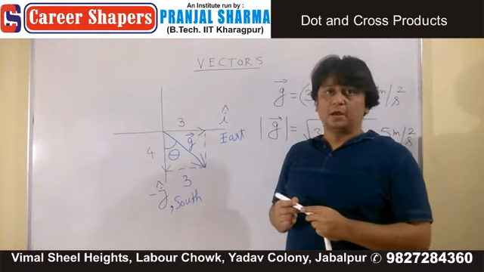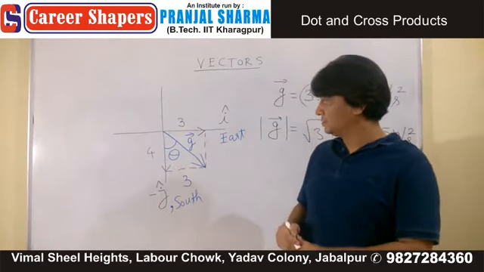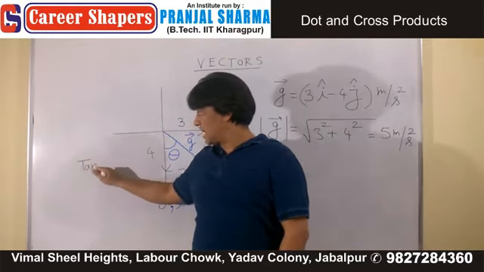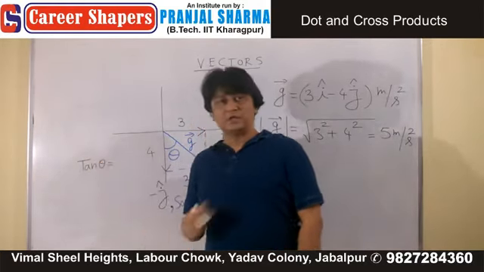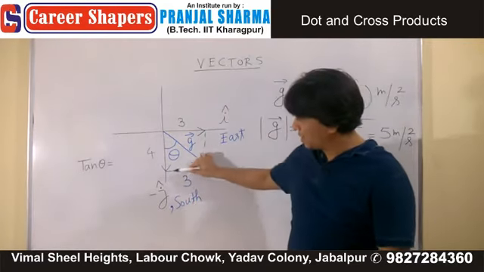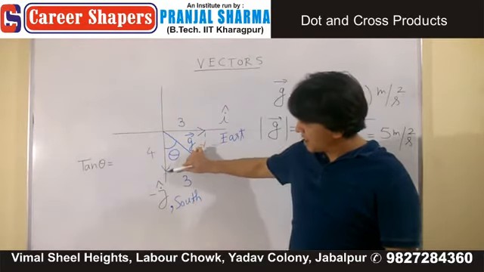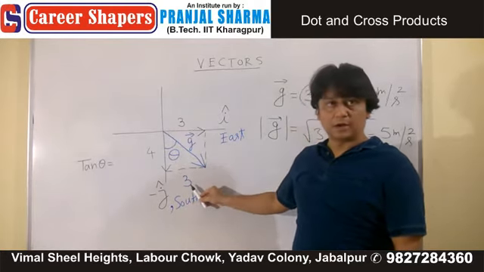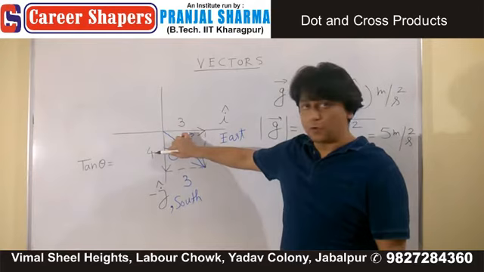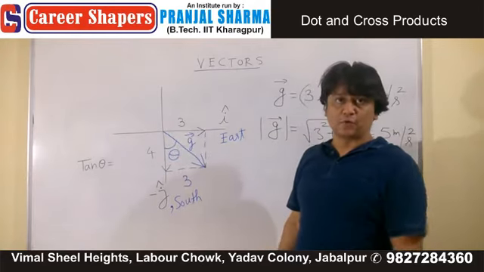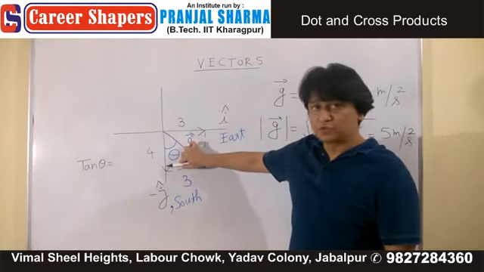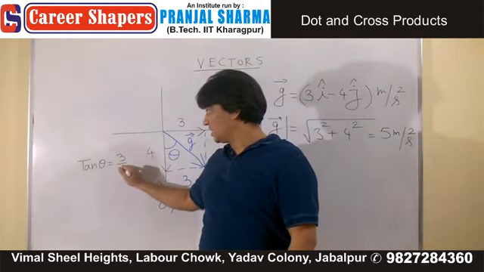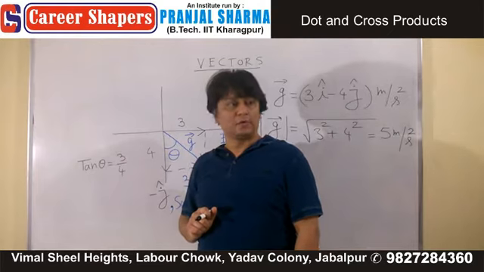Once you say this is theta, what is tan of theta? Perpendicular divided by base. What is the perpendicular? 3. What is the base? 4. Remember, it's not minus 4. What is this length? 4. What is this length? 3. What is tan of theta coming? 3 by 4.